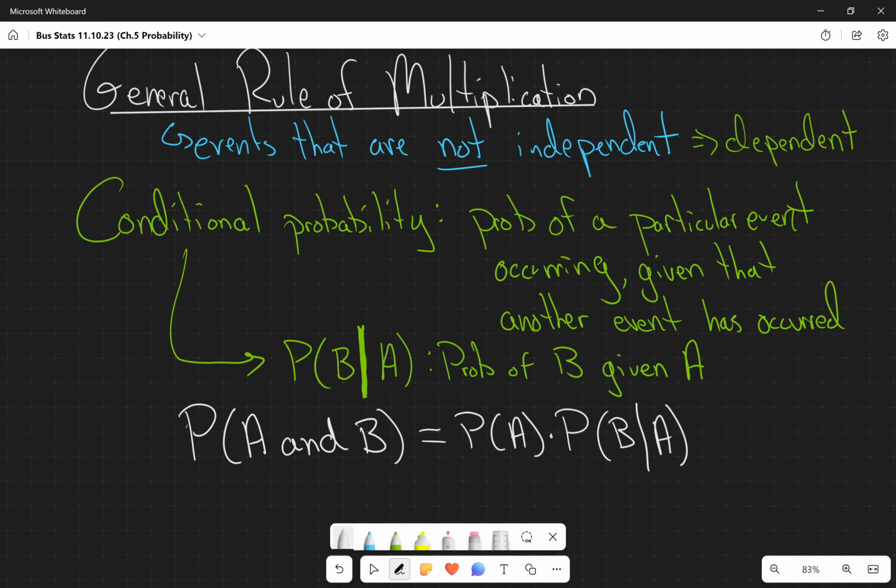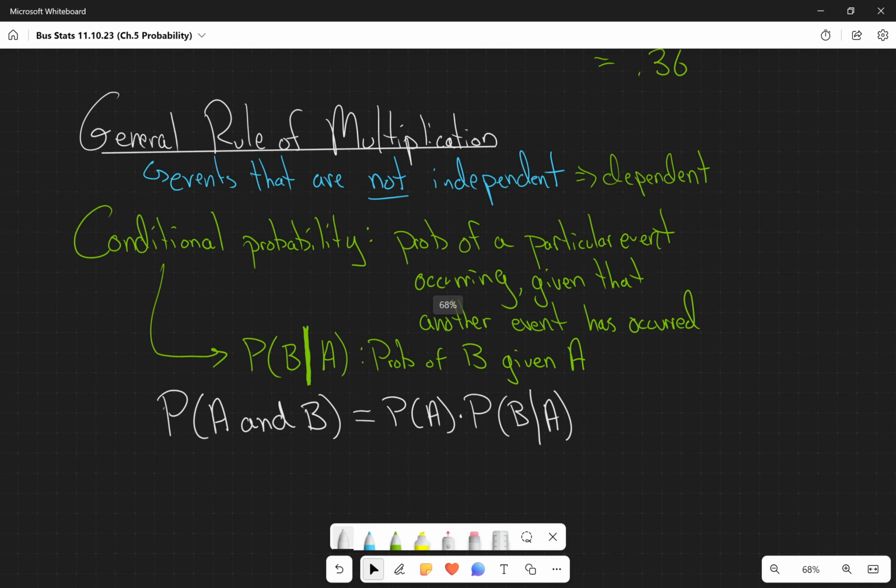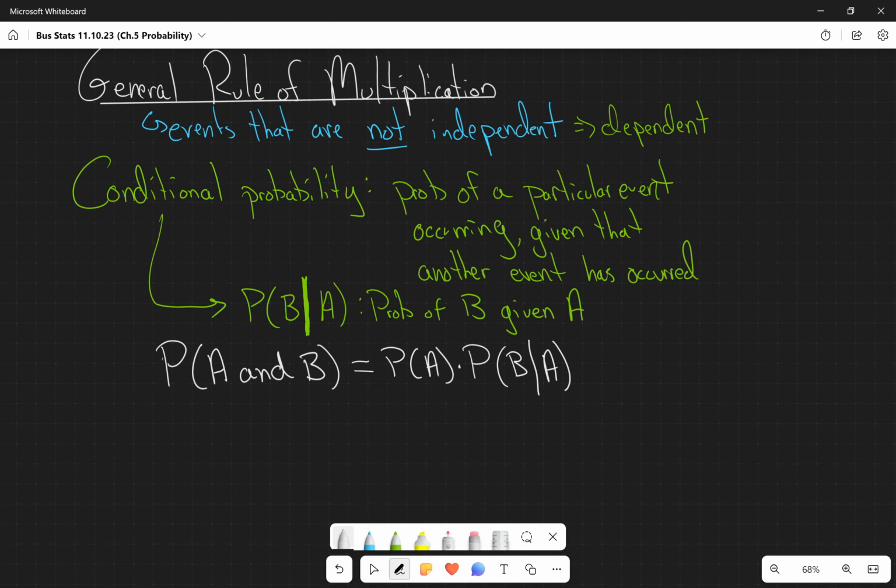So again, these things seem very arcane, difficult to deal with until we pair them with an example. So let's pair this general rule of multiplication and this new notion of dependent or conditional probabilities with a simple example having to do with 12 shirts.